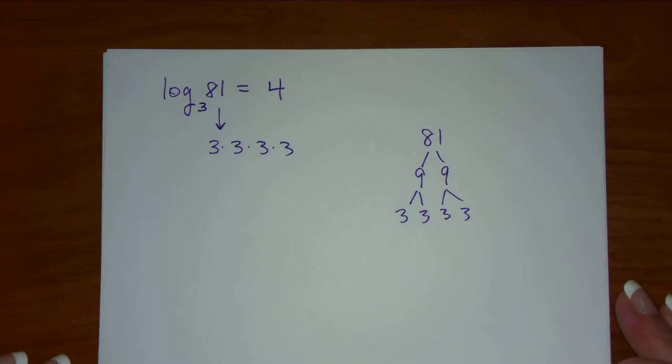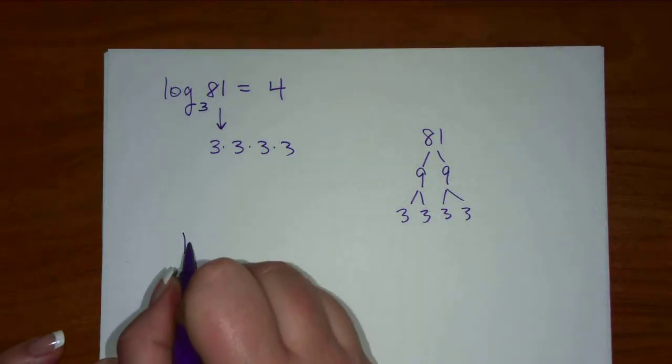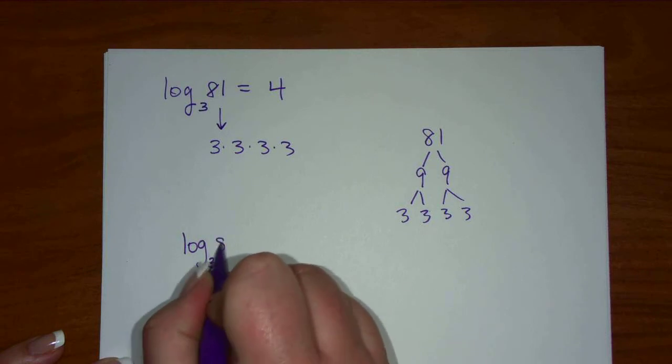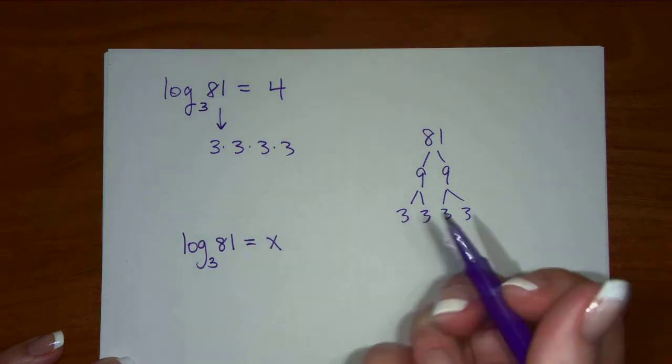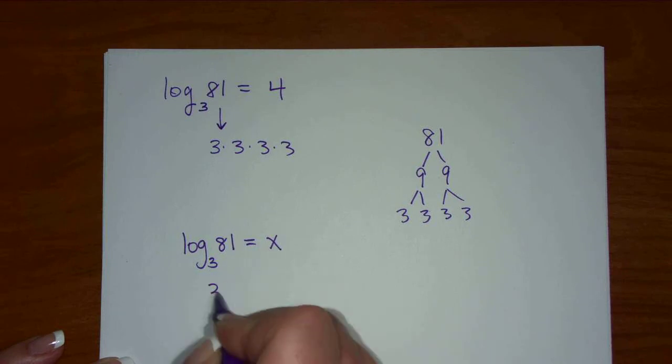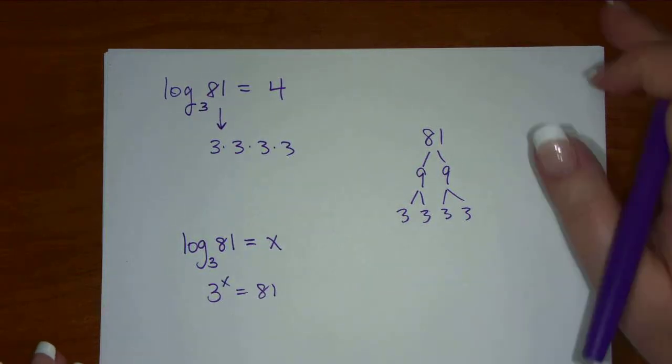What they do in school, I think, that makes it seem like it's something weird, is they give you an inverse relationship, and they say, if you have a log, see if you remember this, and you're trying to solve for x, you write down 3 to the power x equals 81, and then you work that out. Which is fine, because that is what you're doing. You're saying 3 to what power equals 81?